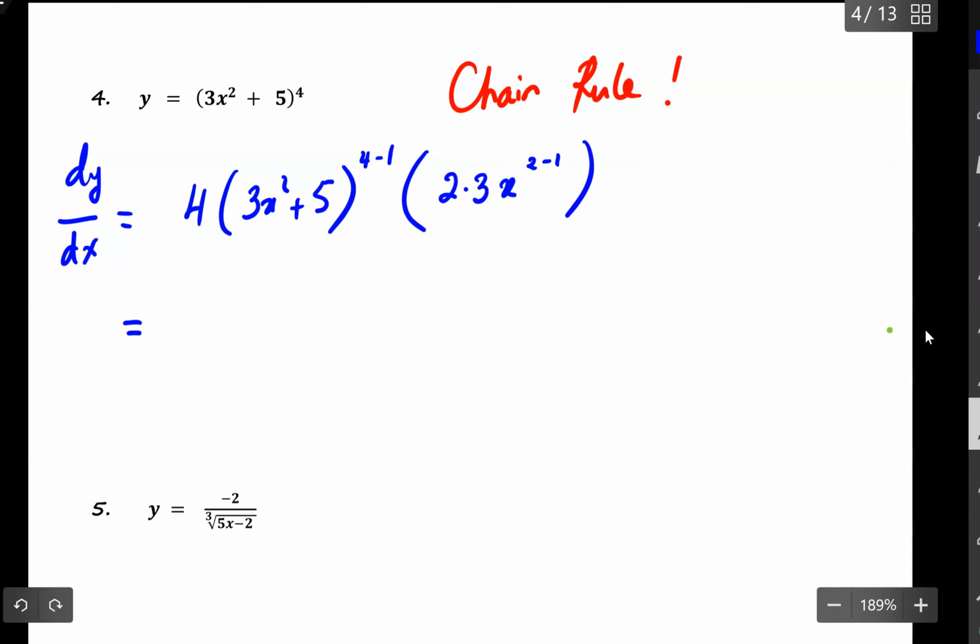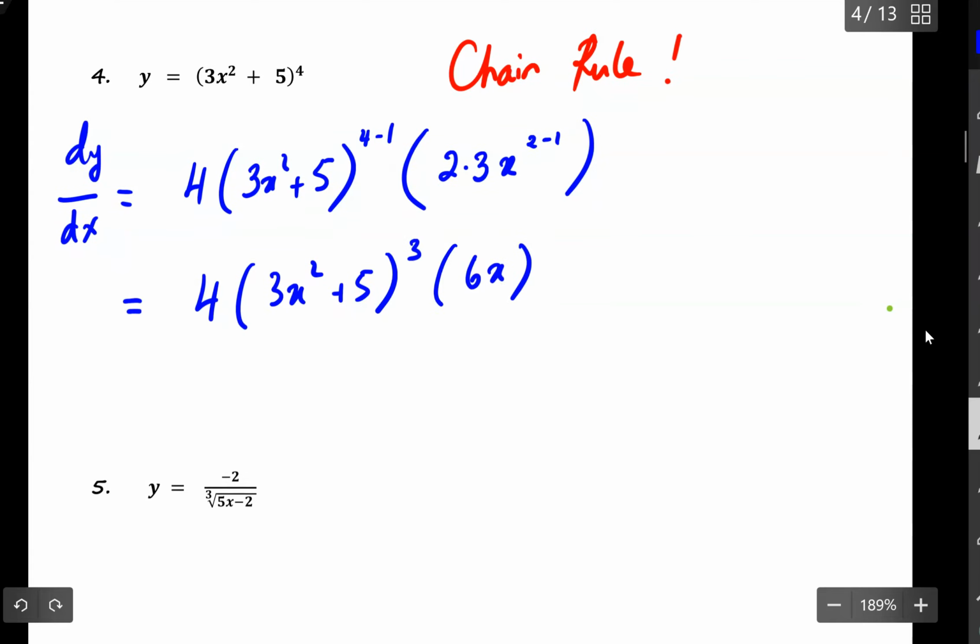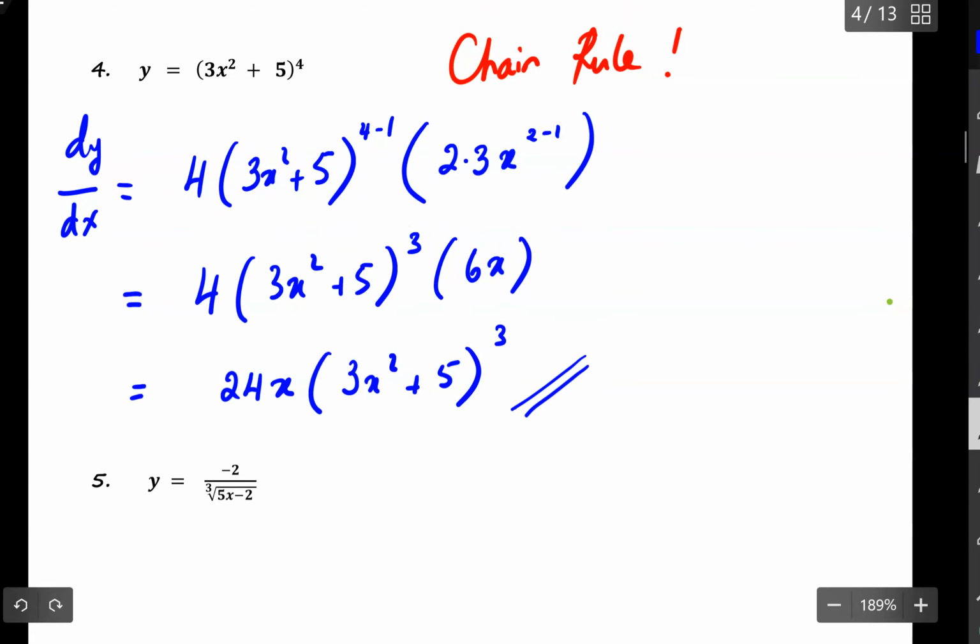In this case, I should have 4 times 3x squared plus 5, all of it raised to the exponent 3, and this should be multiplied by 6x. 2 times 3 is 6, and 2 minus 1 is 1. So in the end, I just have to simplify my answer by writing it as 24x multiplied by 3x squared plus 5, all of it raised to exponent 3. Okay, so that is our chain rule.